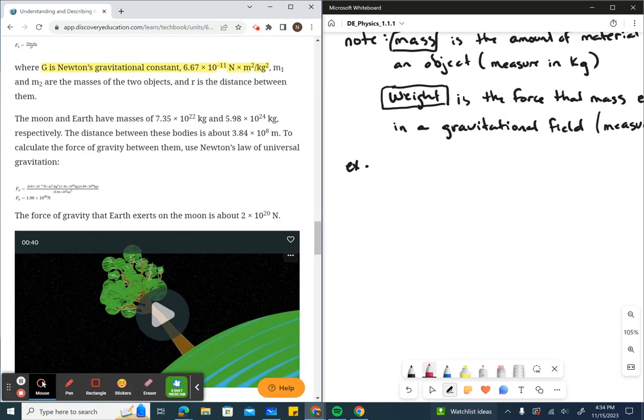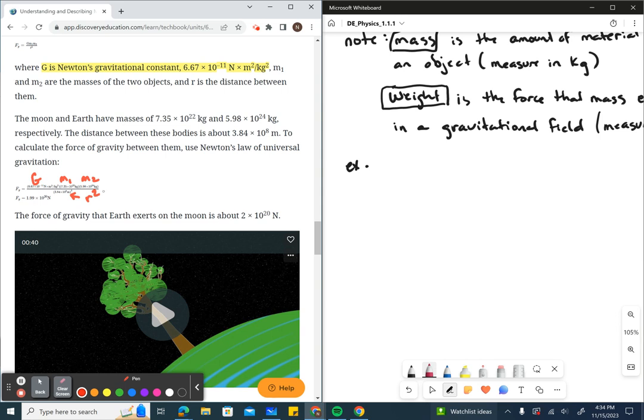So here's our gravitational constant. Here was our M1. Here was our M2. And underneath was the distance, R. And you had to, of course, square that. And that's why they have a squared number. Put that into the calculator, and you get a force of gravity that is 1.99 times 10 to the 20th newtons.